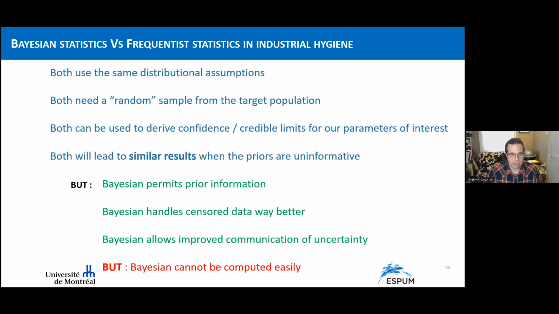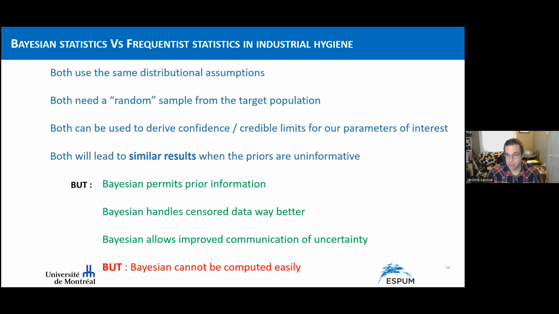And to a last slide. Because people are interested in knowing how Bayesian statistics compare to frequentist statistics, if you use, for example, IHStat versus ExpoStats. Both would use the same distributional assumption, so we hope that the lognormal model is reasonable. You need a random sample in both cases.